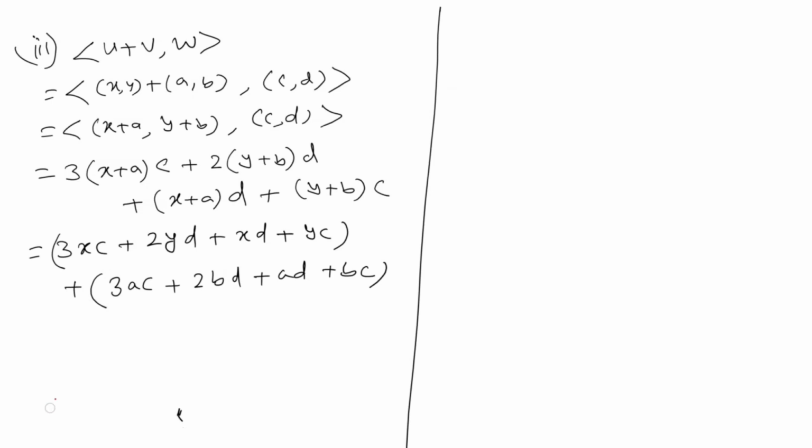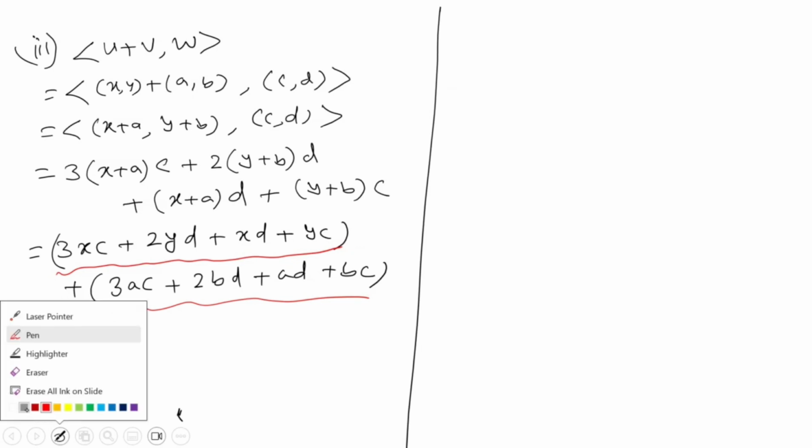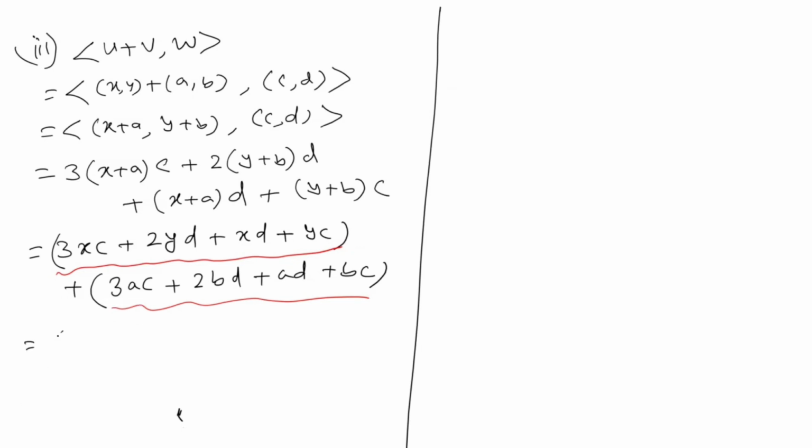So if you notice from the definition, this will be the function with (x, y) and (c, d). This is another function. So we can rewrite this as the inner product of (x, y) and (c, d) plus the inner product of (a, b) and (c, d).